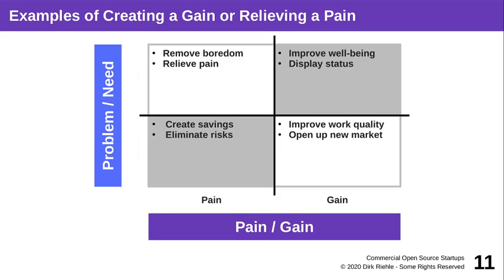Are you relieving a pain of a potential customer, or are you giving them a gain? Pain is saving costs or making something run smoothly that otherwise would draw a lot of attention. And gain means improving significantly some output so that they deliver better quality to their own customers, or you open up a new market.